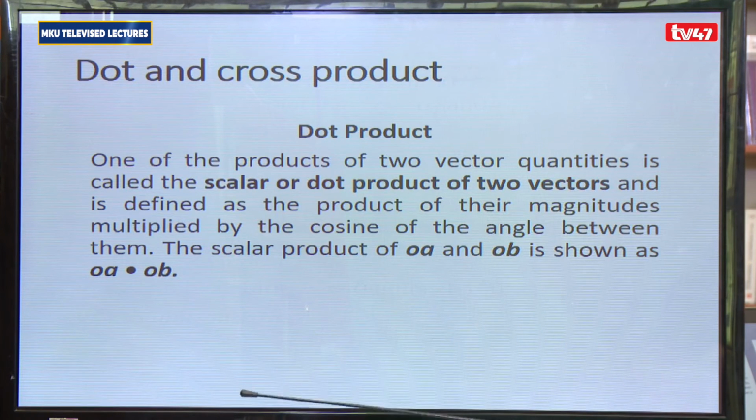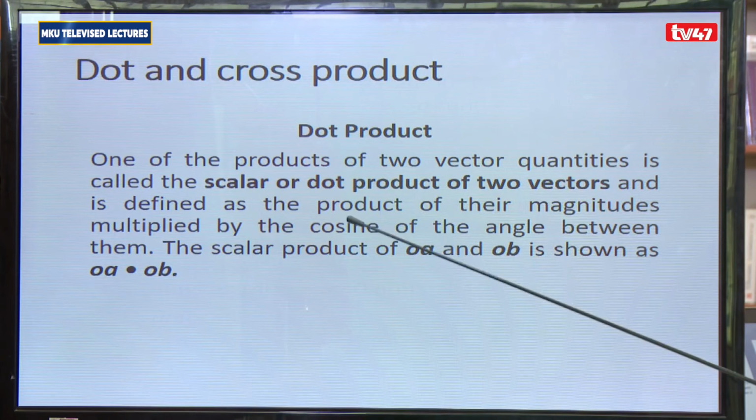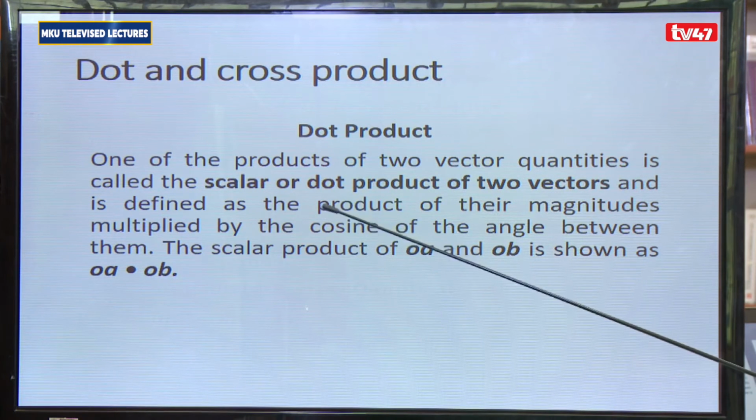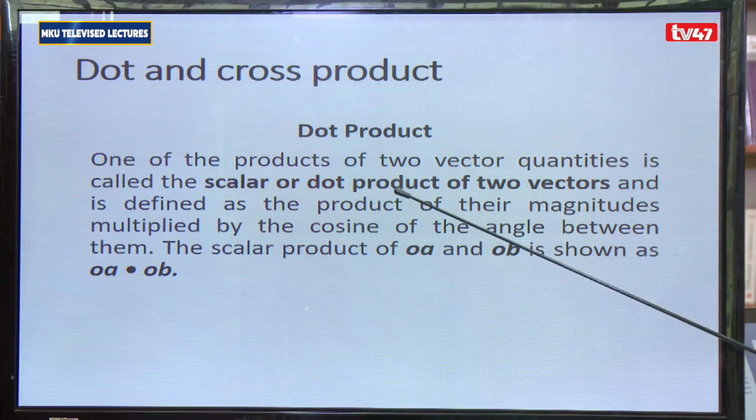So what that simply means is that if you have 2 vectors given by OA and OB, and you want to get the dot product, then you multiply the magnitudes of those two vectors, and then you multiply with the cosine of the angle between them. The answer that you get on dot product is usually a scalar. The product is a scalar. That's why it is called a scalar or dot product.